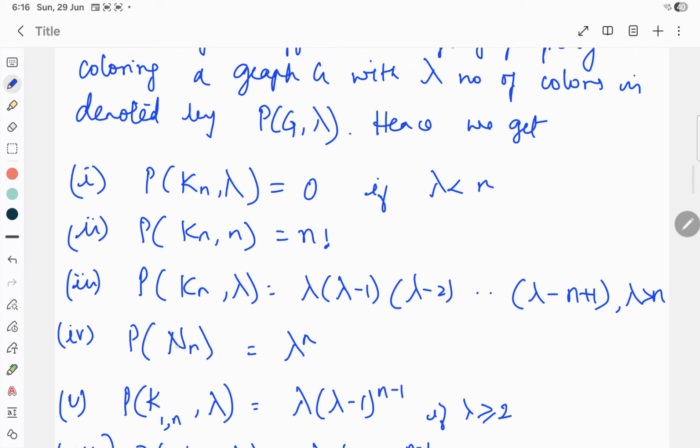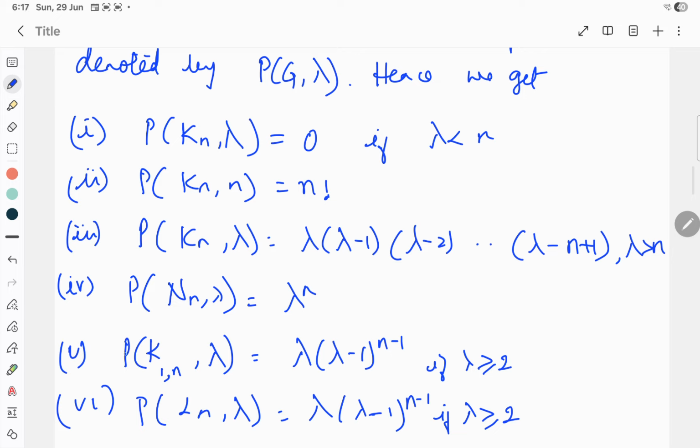Then the null graph with n vertices, P of Nn comma lambda, is lambda power n. Now P of K1,n. This is a bipartite graph with one vertex in one set and n vertices in the other set, right?